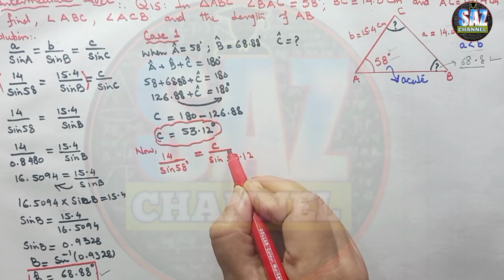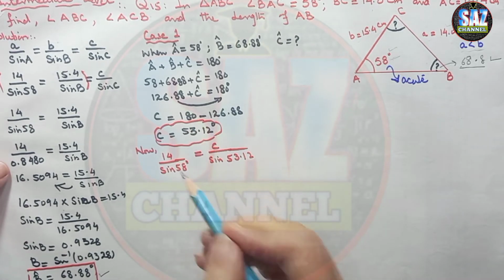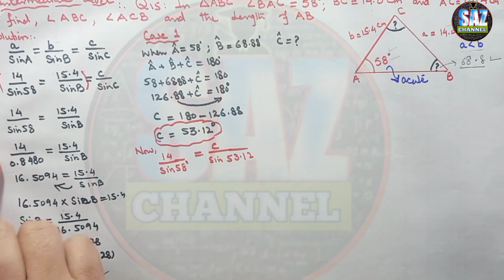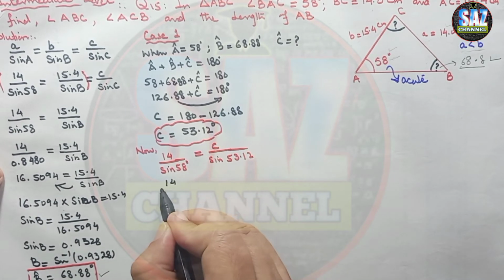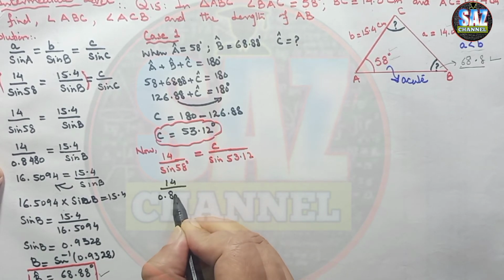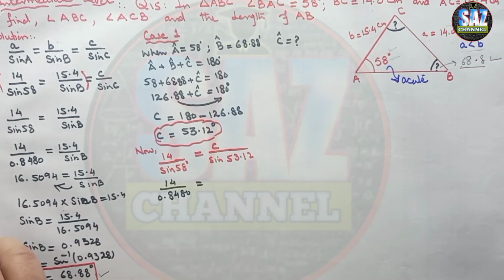Sine C is now known, 53.12. Okay, now the value of sine 58 degrees we have already calculated, so I will copy that value as it is, but carefully: 14 upon 0.8480 equals C upon sine 53.12 degrees.